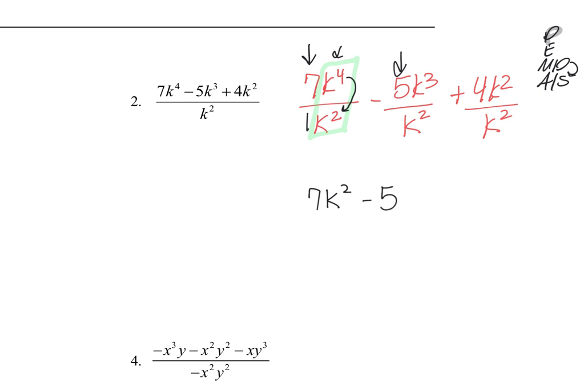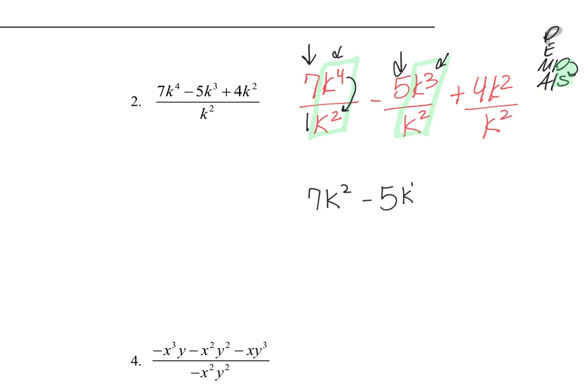And now next to look at is k to the 3rd over k squared. Again, that's divided, so I'll need to subtract. 3 minus 2 is 1. And that will go in the top because it's positive, or you could say because 3 is greater, that's where I put my remainder.